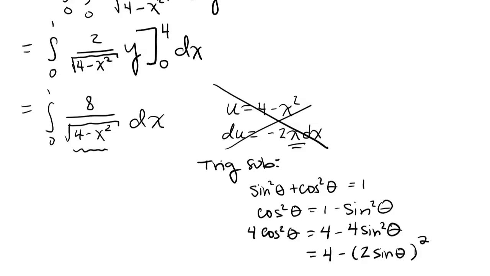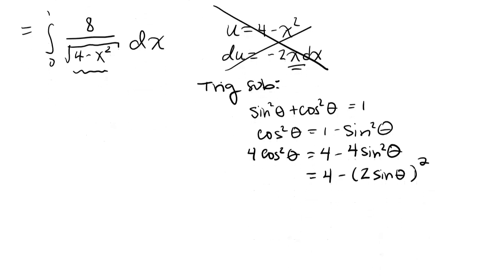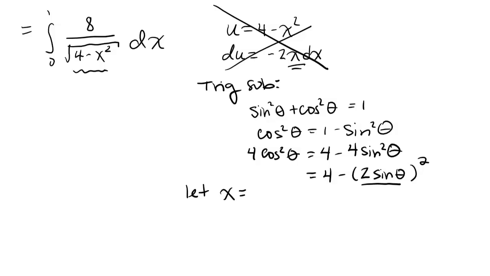So what we can hopefully recognize now is what we're going to do is that trig substitution. So remember, with a trig substitution, we're replacing x with a trig expression. So in this one, what we're going to pick is this expression right here. We're going to let x be 2 sine theta.